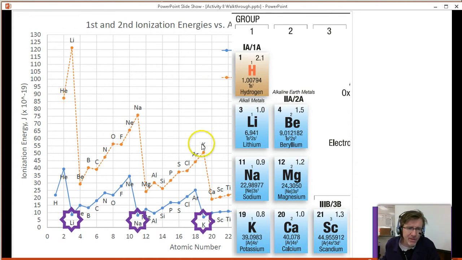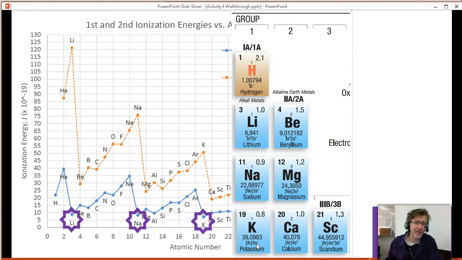So 1s2, that was helium, and lithium has one electron in the s sublevel of the second energy level around that atom. You remember this. Sodium is built off neon, and it has one electron in the s sublevel of the third level above neon. And potassium is the same way, with one electron.